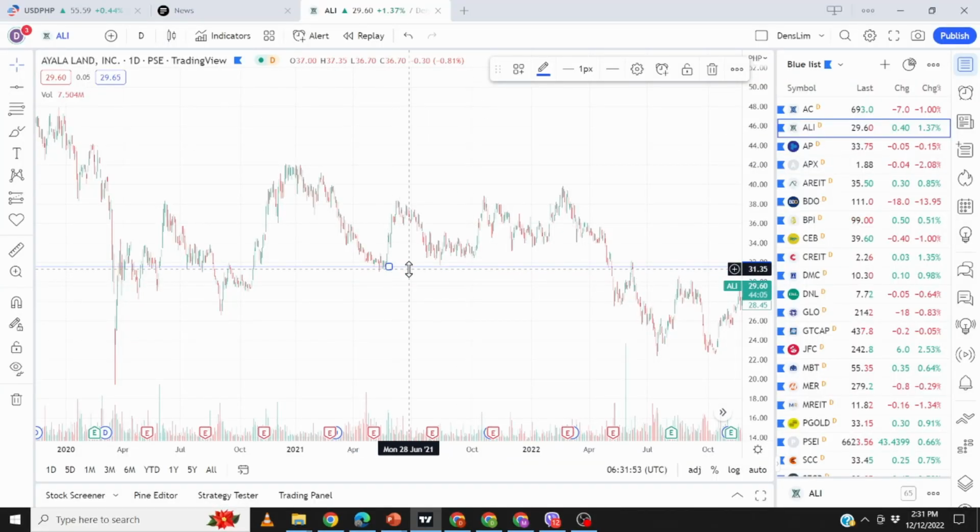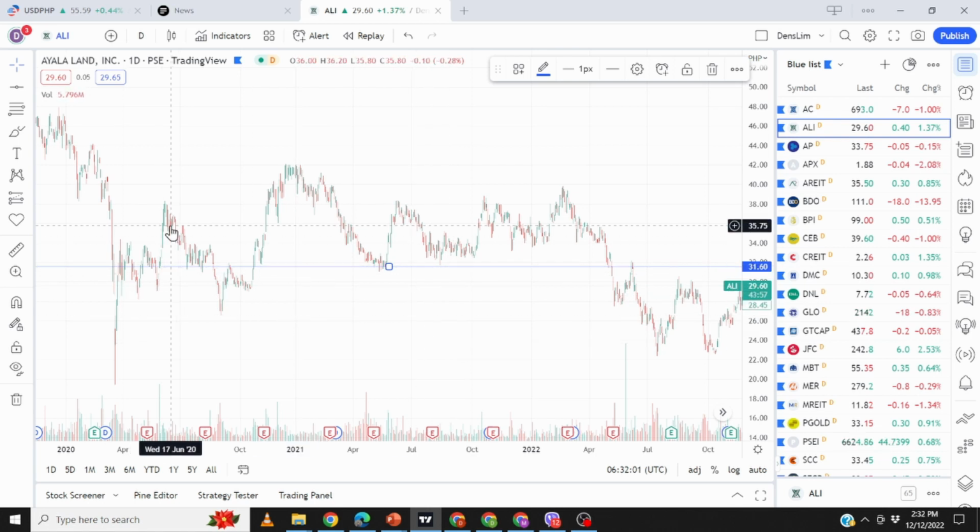Now, support and resistance is a trading concept that refers to price barriers. Either that barrier will have more sellers or that barrier will have more buyers, right? So in support, when a price goes to a support level, like for example here in Ali, the support level is 3160, there are more buyers than sellers, right?